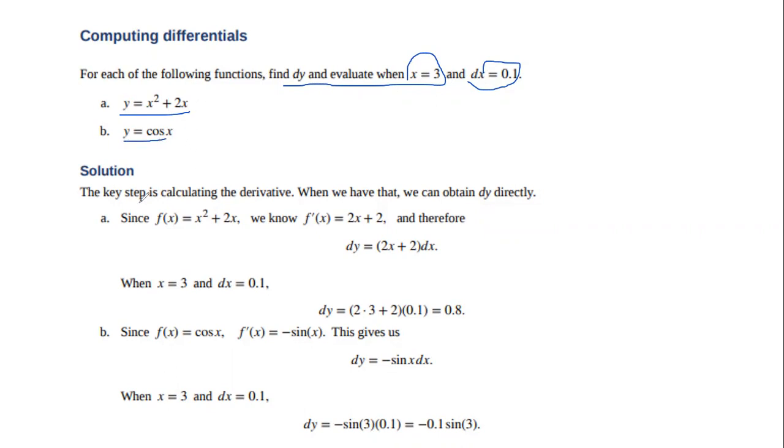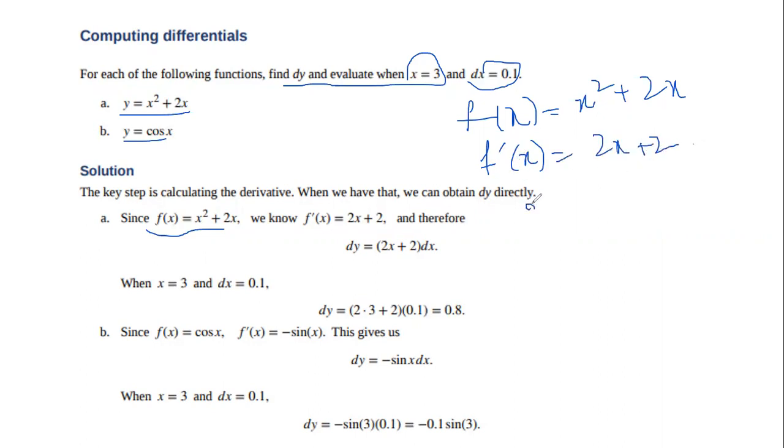So I have to take the function value as x squared plus 2x. So f(x) equals x squared plus 2x, and the derivative will be 2x plus 2.